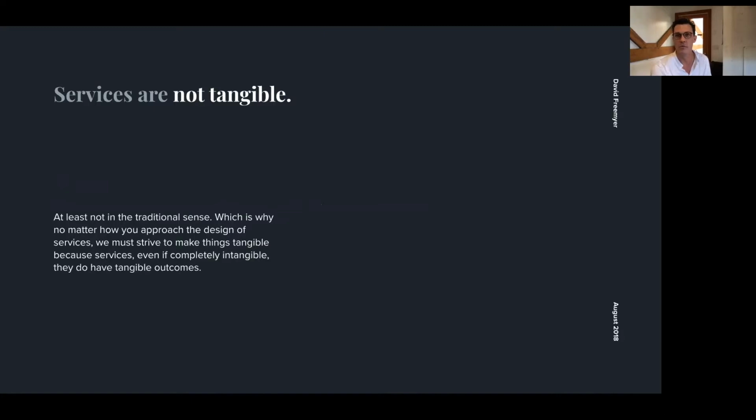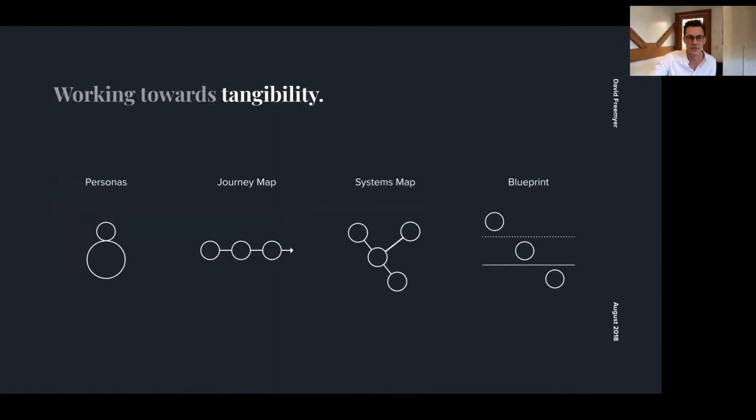So it's working with a lot of intangibles to create valuable, tangible outcomes. How do we make these intangible concepts, like a service, more tangible? These are probably things you've seen, the main four tools, I would say, of service design.